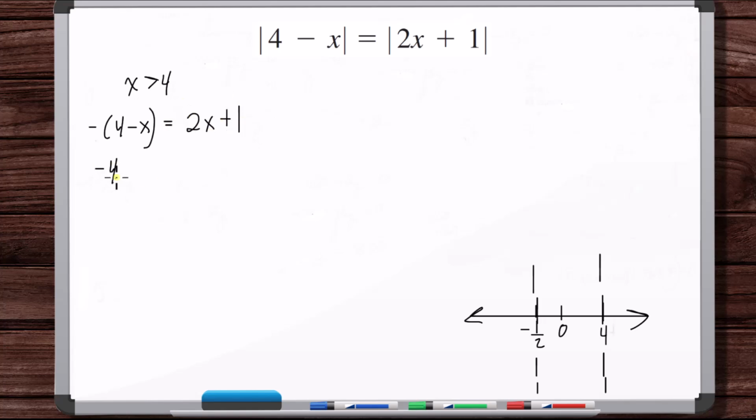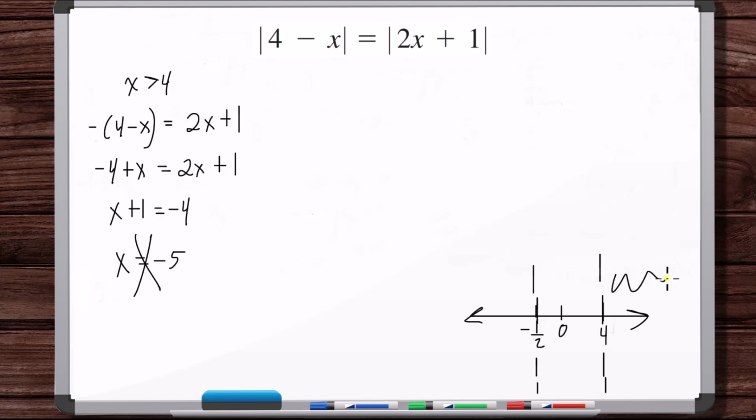So minus 4 plus x is equal to 2x plus 1. Subtract x from both sides, subtract 1 from both sides, and there we go. Is this greater than 4? No. So that's not a solution. So we've accounted for this region.